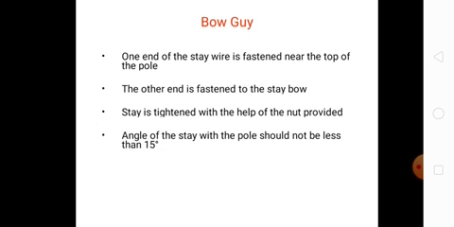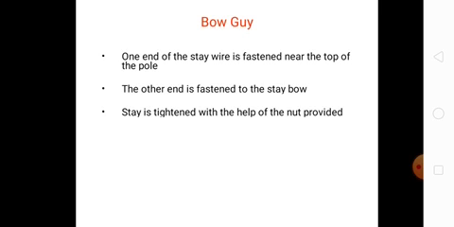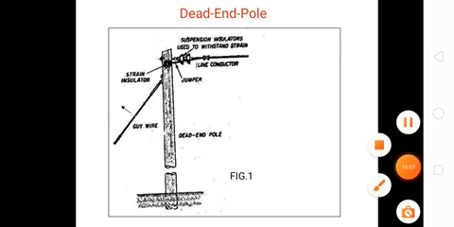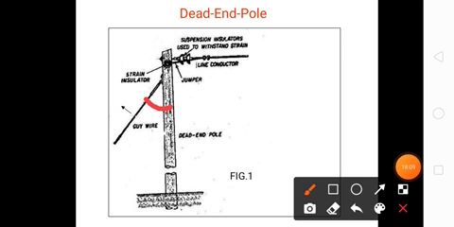And the angle of the stay with the pole should not be less than 15 degrees. Here the angle of the pole is greater than 15 degrees, not less than 15 degrees.